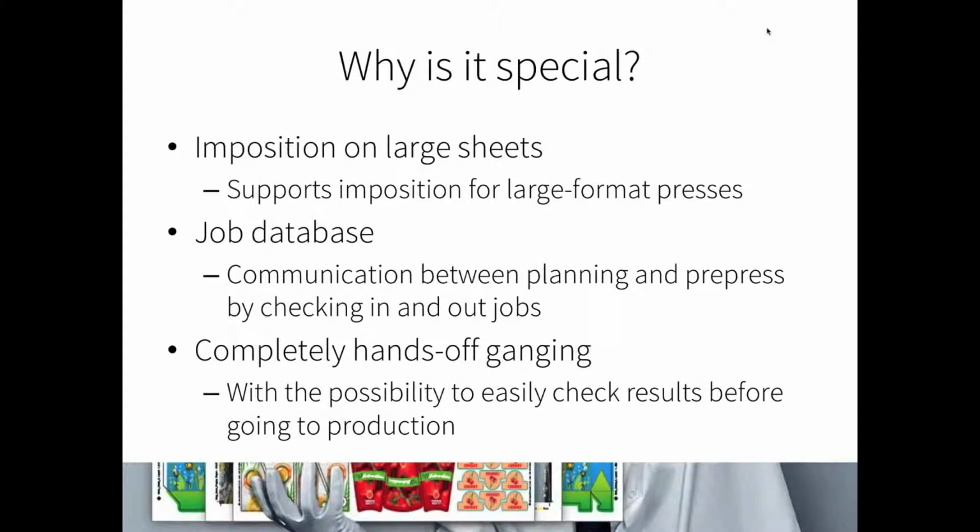Well, the job database allows you to interact between those two parts of a company. You can check into the database, and then later on you can check out a job or a plan from the database, add the PDF file, and generate the actual imposed PDF, for example.